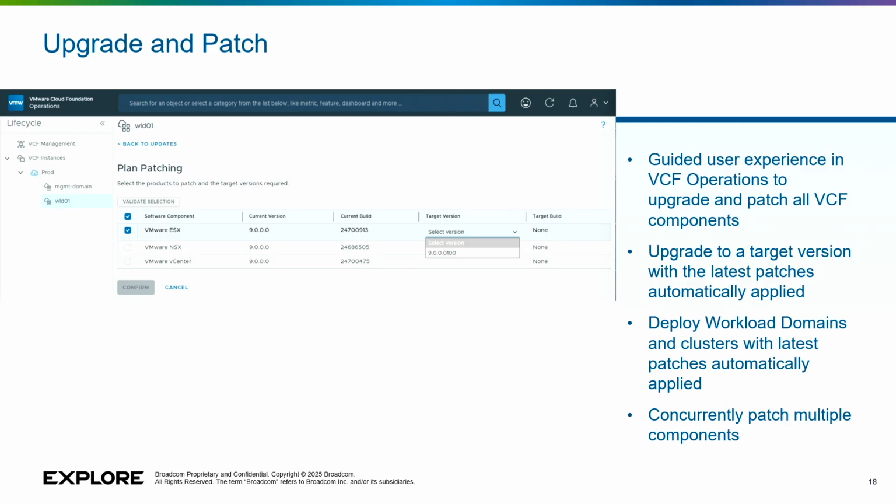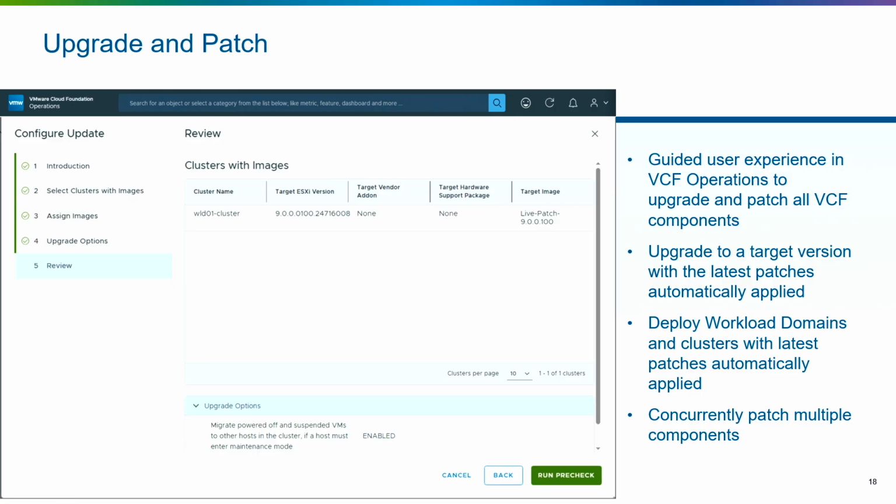Let's take a look in a little more detail at the upgrade and patch experience. In VCF operations, we provide a guided user experience to upgrade or patch all VCF components. And in this particular screen, I'm trying to patch the ESX host to the latest version patch.